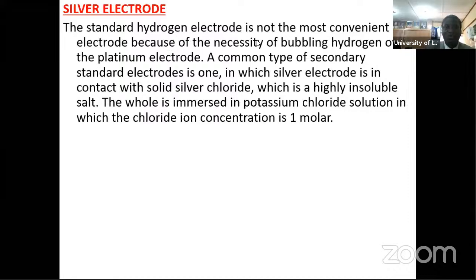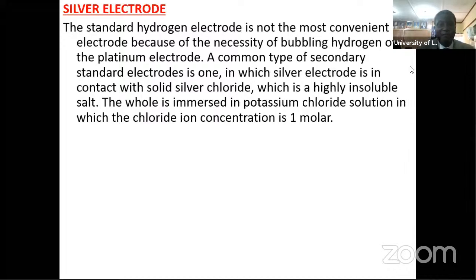The standard hydrogen electrode is not the most convenient electrode, because you have to be carrying your hydrogen gas about. You have to be bubbling hydrogen gas over your platinum electrode. That is not something that anybody can readily carry around.